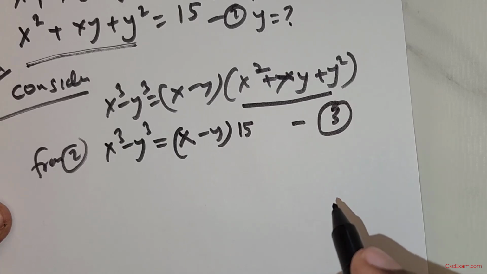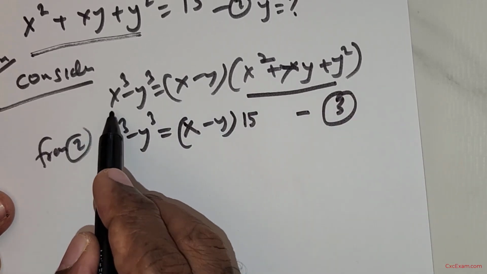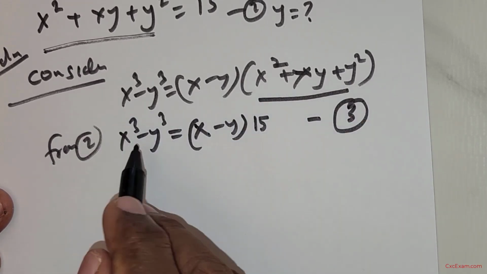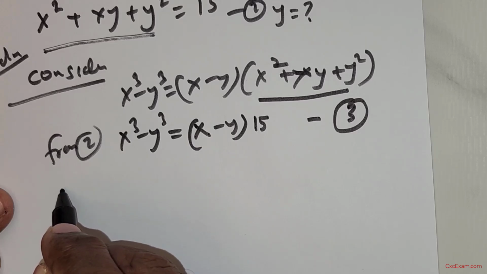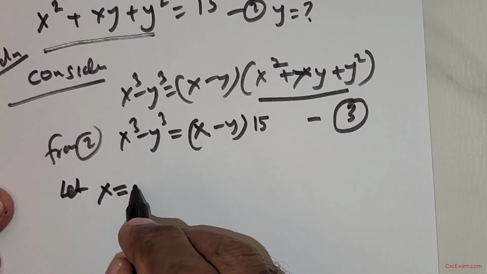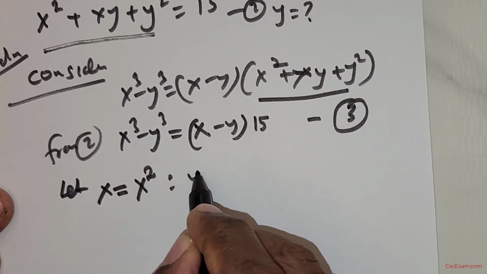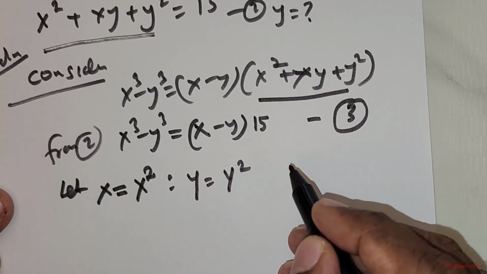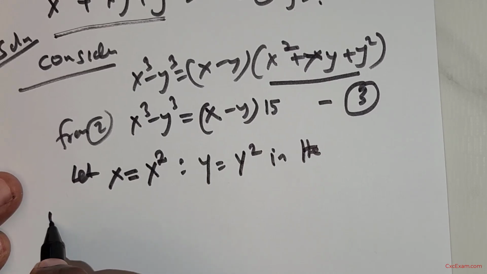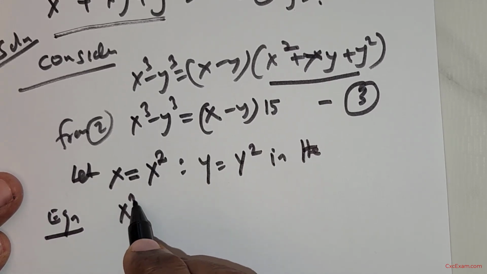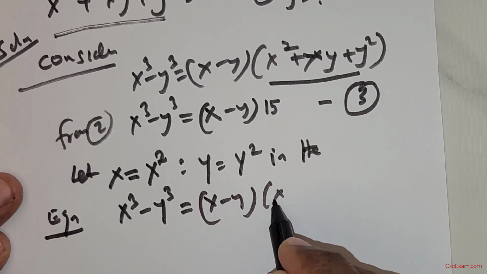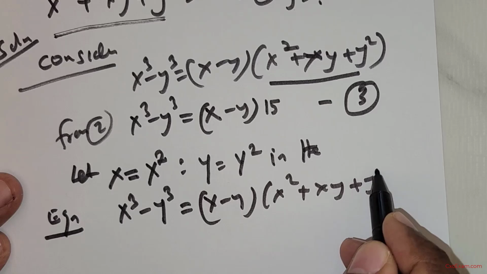Now what I wish to do is rewrite this system for higher powers. Let x be equal to, say, x squared and y be equal to, say, y squared in the equation x to the power of 3 minus y to the power of 3 is equal to (x minus y) times (x squared plus xy plus y squared).